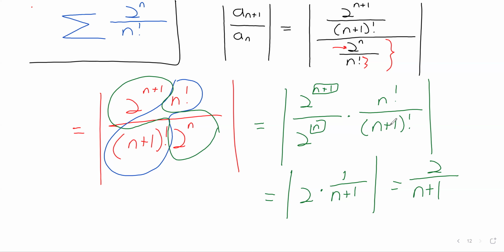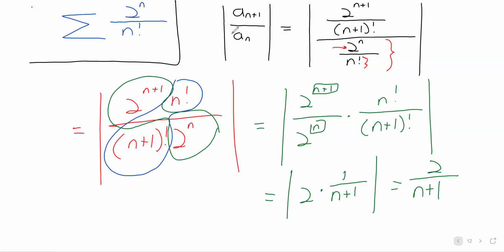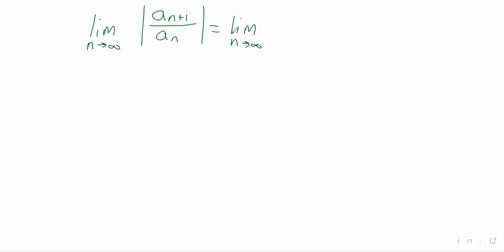And now we need to take a limit. The limit as n goes to infinity of a sub n plus 1 over a sub n. We just did a lot of work figuring out what that ratio is. 2 over n plus 1.